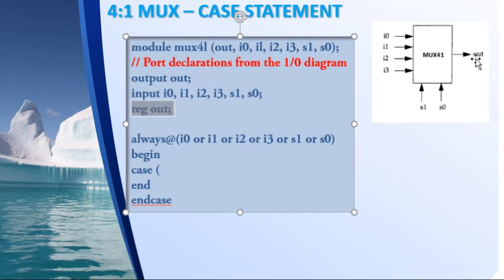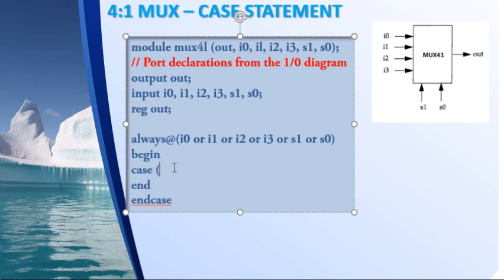Out is the output port that I am going to use inside the always block, so I need to declare it as a register before entering the always block. This is because inside the always block the execution is sequential in nature, and hence the variables should be declared as registers.